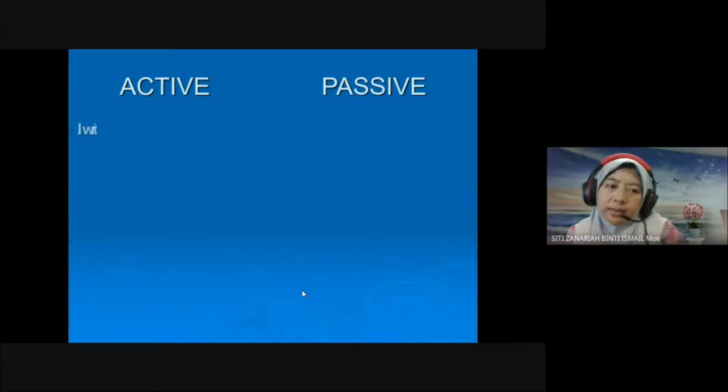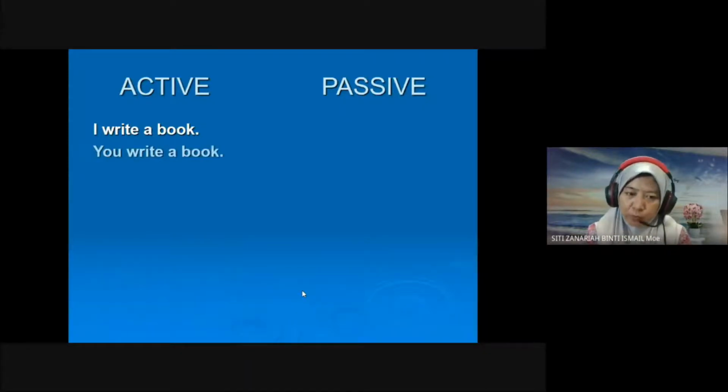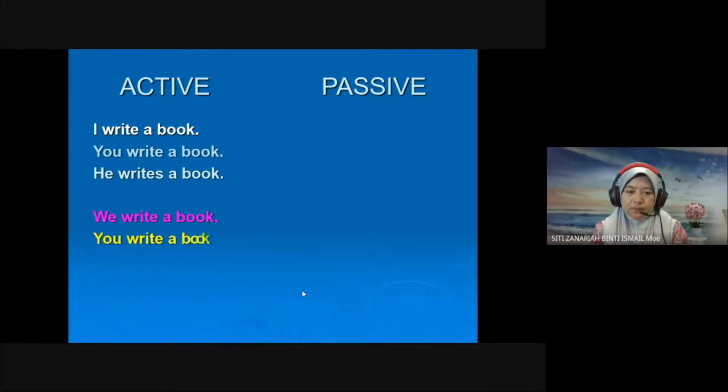Okay, what are the differences between active and passive voice? You can see based on the previous sentence, there are two sentences. I write a book, you write a book. So what happened to the verb? The verb is written in present tense. These are examples of active voice sentences.